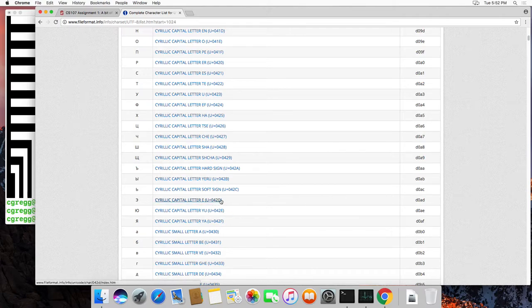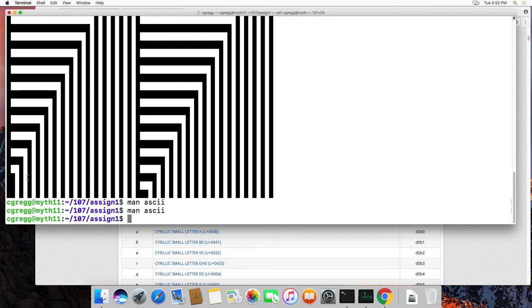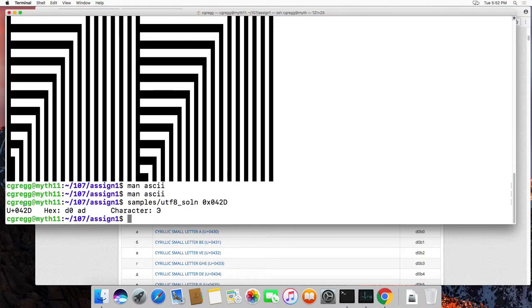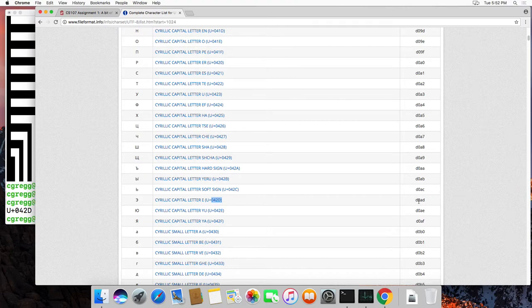If we grab this, 042D, and we type samples, and then UTF-8 solution, and then 0x42D, what it does is it says, I know that that code point represents this encoded hex, which is D0AD, and guess what?